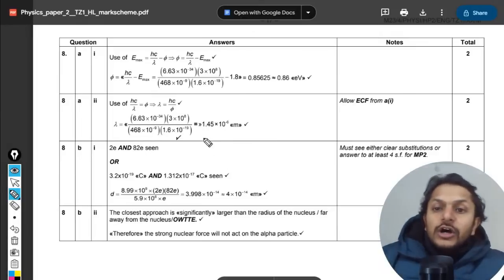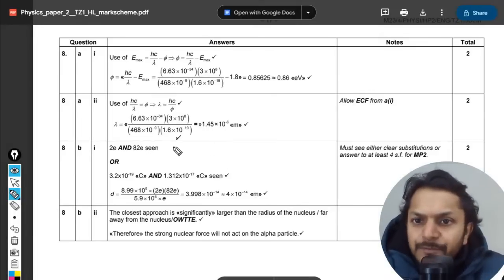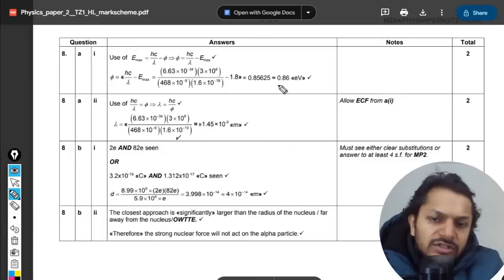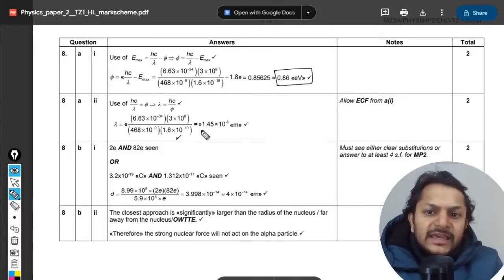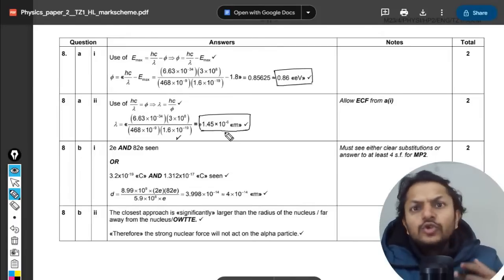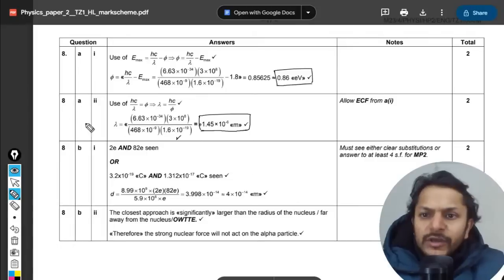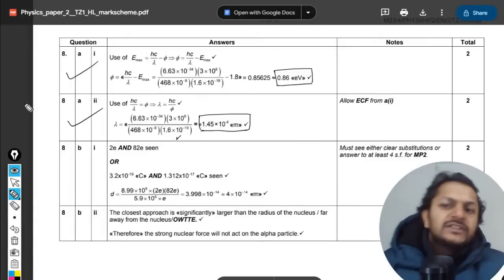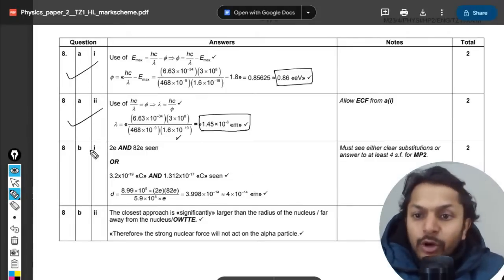Because this is in eV, you have to convert it into joule, because for the wavelength you want the answer in SI unit. So eV has to be converted into joule. Okay, so even this is done. I don't think that there will be any problem here.